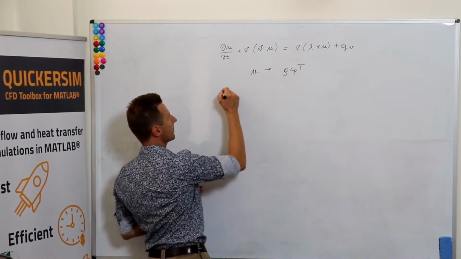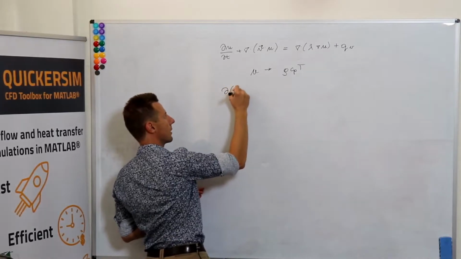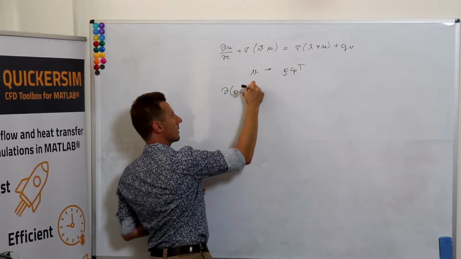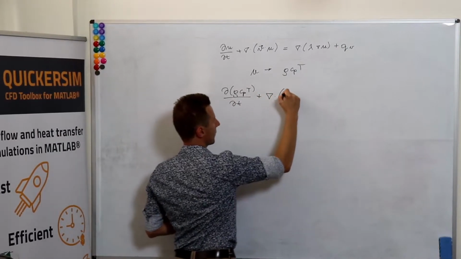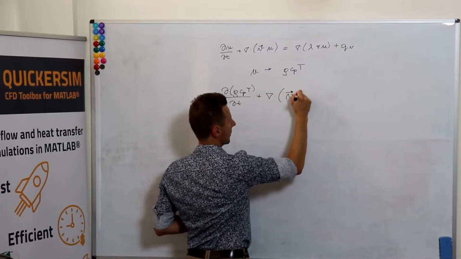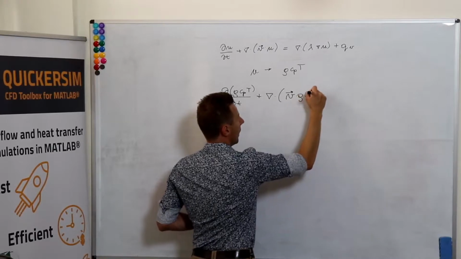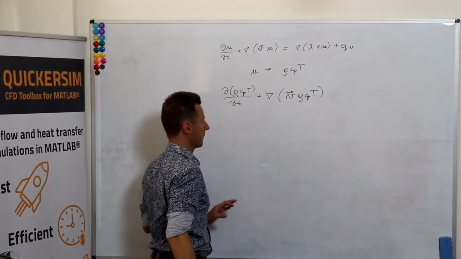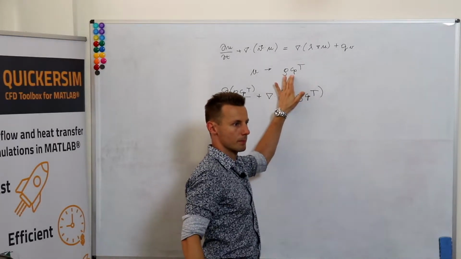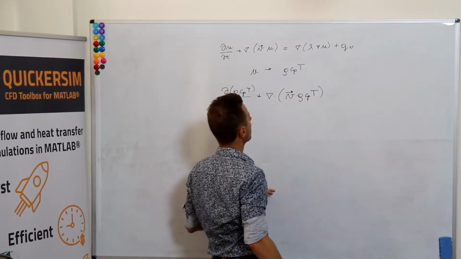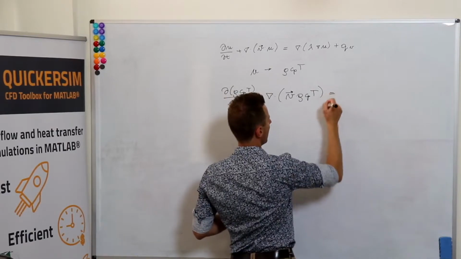So let's do that. And if we do that, we get the following formulation. Cp is heat capacity. Okay.